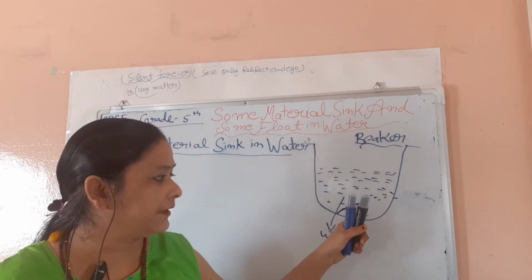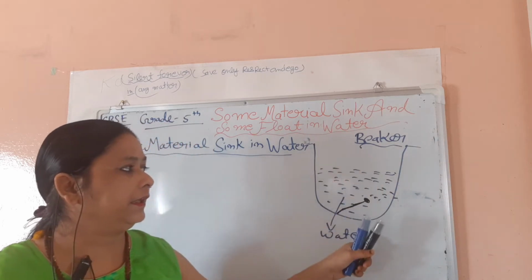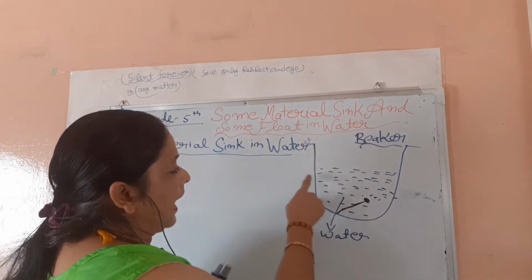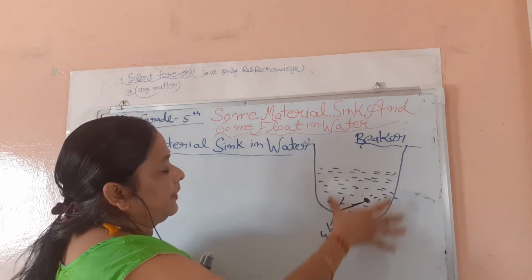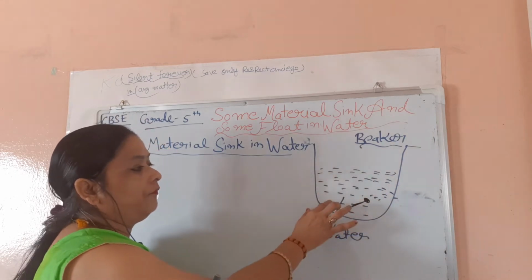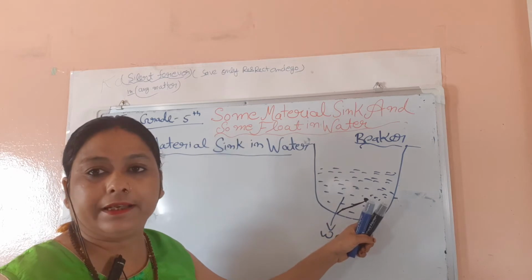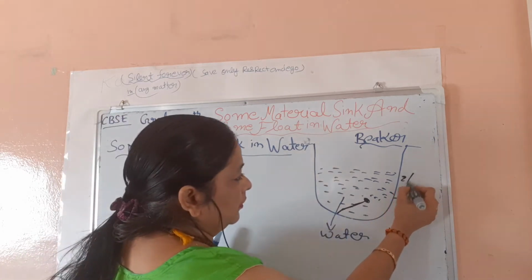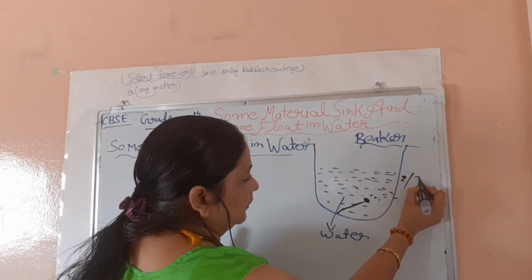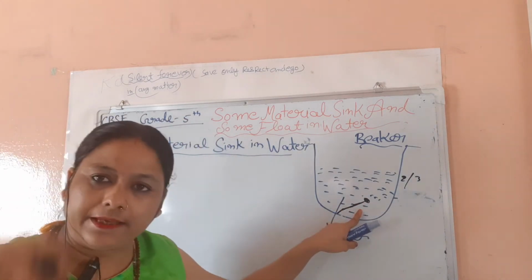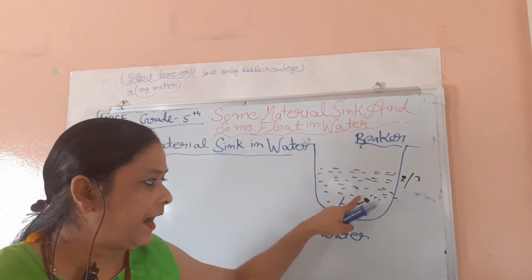Here on your screen is a diagram of the beaker. Firstly, take a beaker filled with two-thirds water, and drop the iron nail.